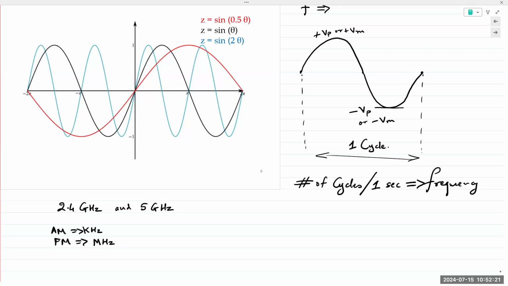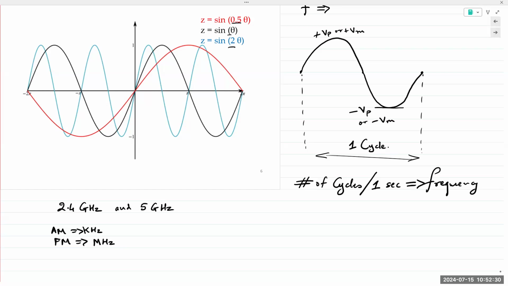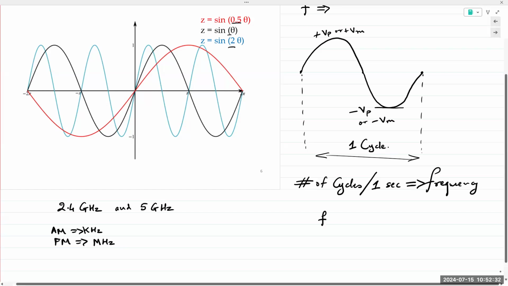Here are some examples, of course, of how frequency changes. So the x-axis, as I stated, was time. Frequency is basically the number of cycles in 1 second, so it has the exact opposite or inverse relationship with time.